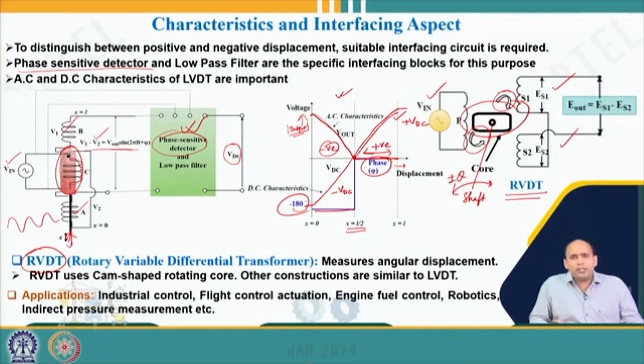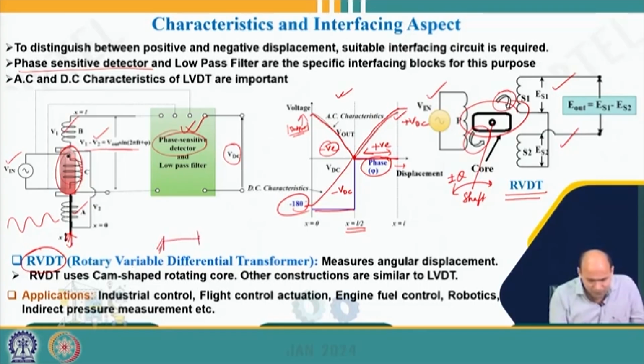Now if we don't use a strain gauge, then what I can do: suppose I have a diaphragm, or another type of pressure sensor called a bellow. When pressure is applied, it gets deflected.